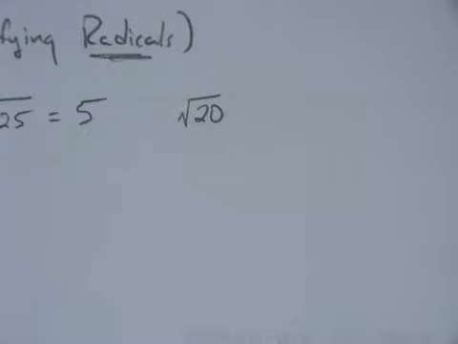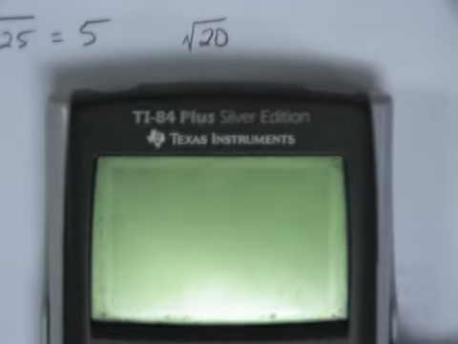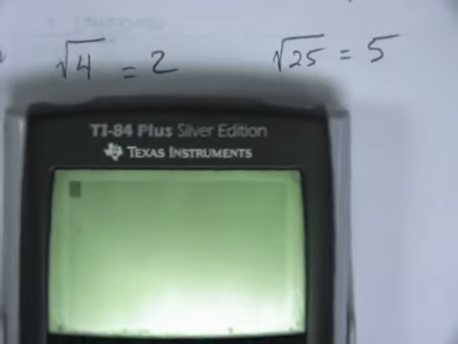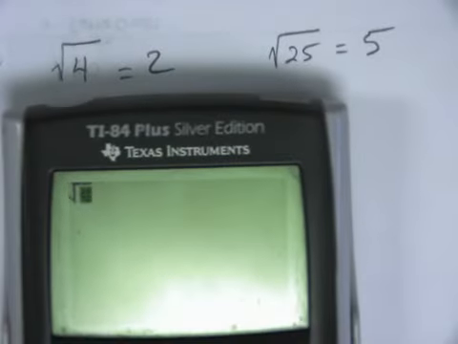Well, you could plug the square root of 20 into your calculator. How about I do the first two together? Square root of 4 gives me 2. Square root of 25 gives you 5.